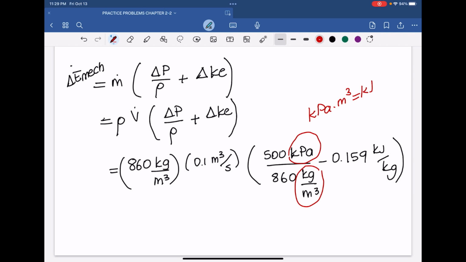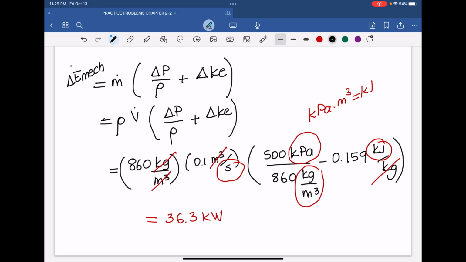Both units are the same. Here it is kilogram per second, and kilograms cancel out. We're left with kilojoule per second, which is actually the unit we are looking for. And if you do the calculations right, you should get 36.3 kilowatts.